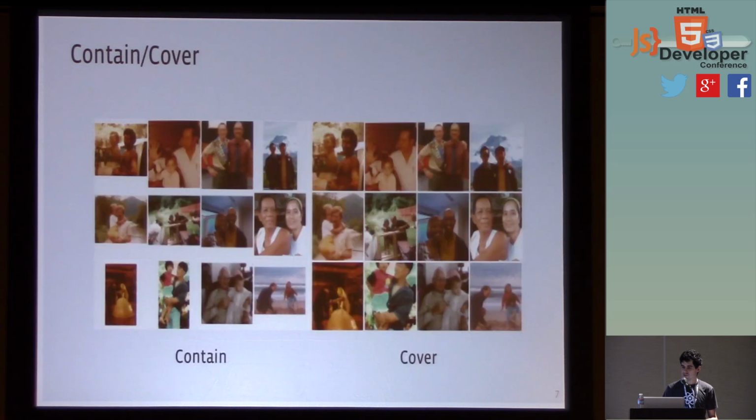And this is the first notion I want to give, the difference between contain and cover. On the left, you can see a grid where images are contained in their viewport. A viewport, from now on, is going to be a rectangle where you display an image. So they are contained inside a viewport.